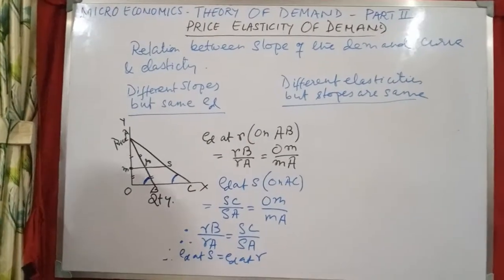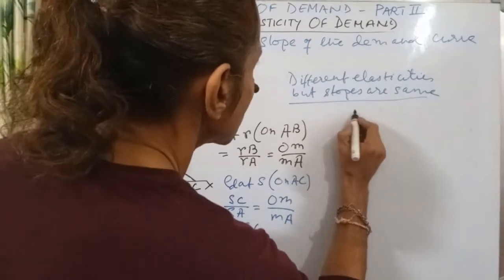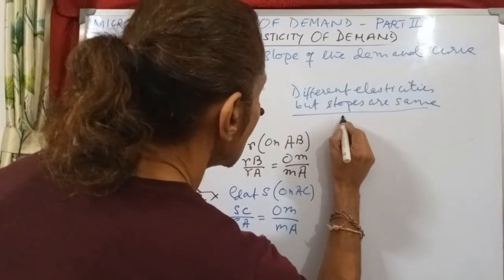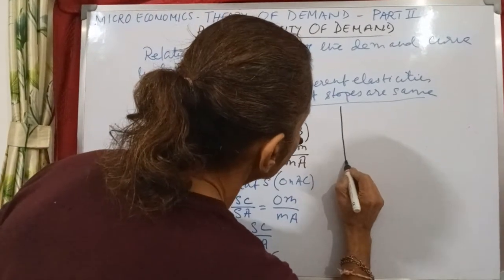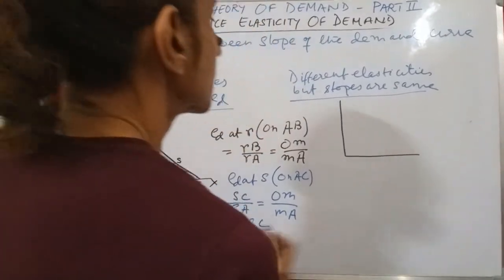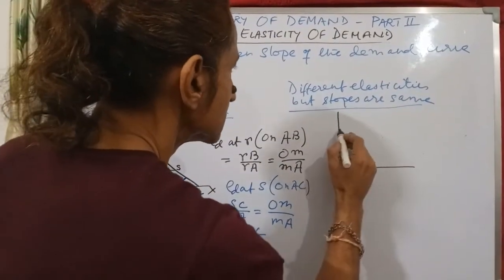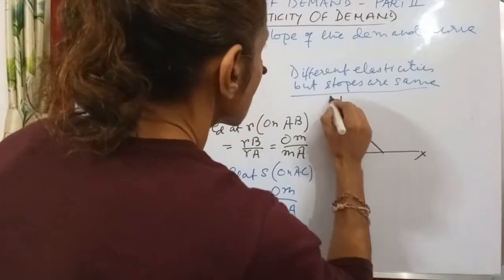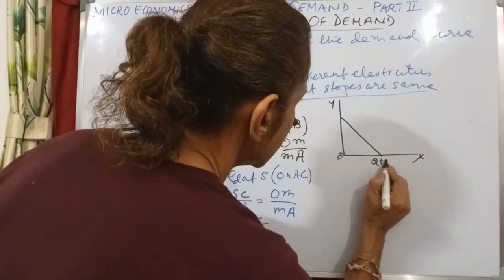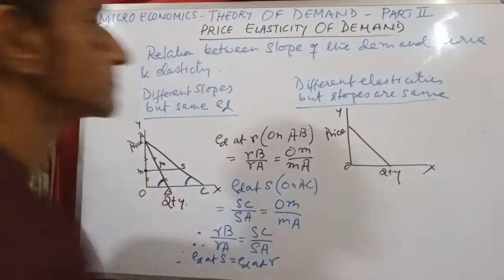Now we draw another diagram where you will see how two demand curves of the same slopes can have different elasticities. On the x-axis we measure quantity and on the y-axis we measure price.